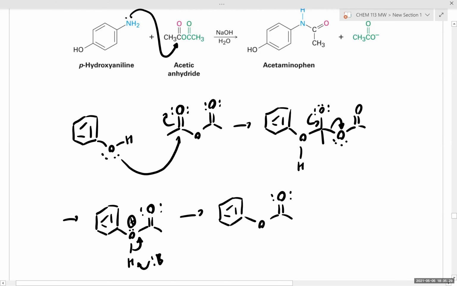Does this mechanism make sense to everyone? It's functionally identical to the alcoholysis mechanism for acyl chlorides. Does someone have a question that I can address? Any questions I can address on this mechanism?